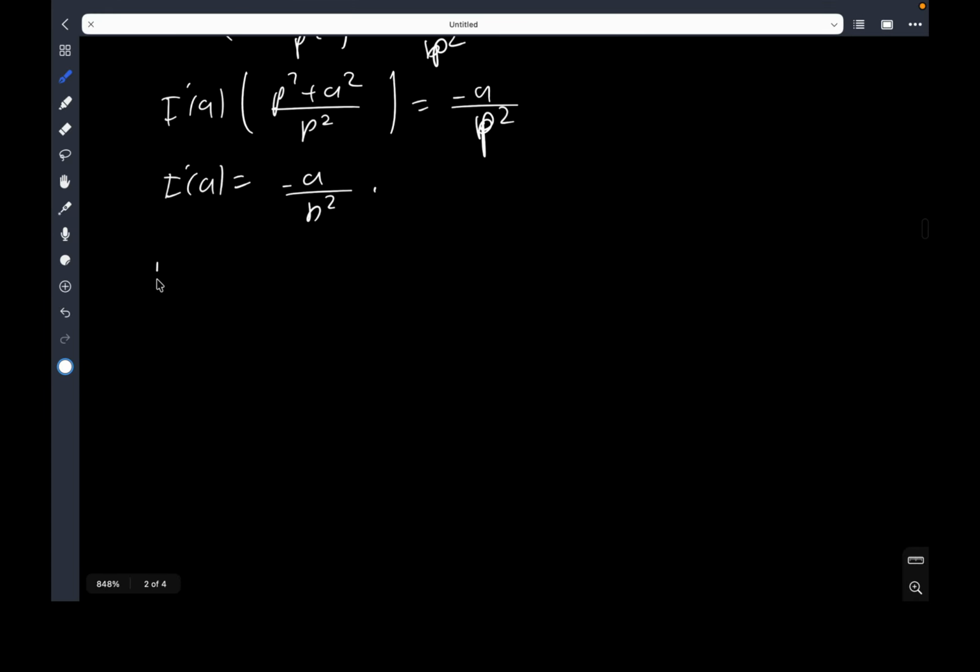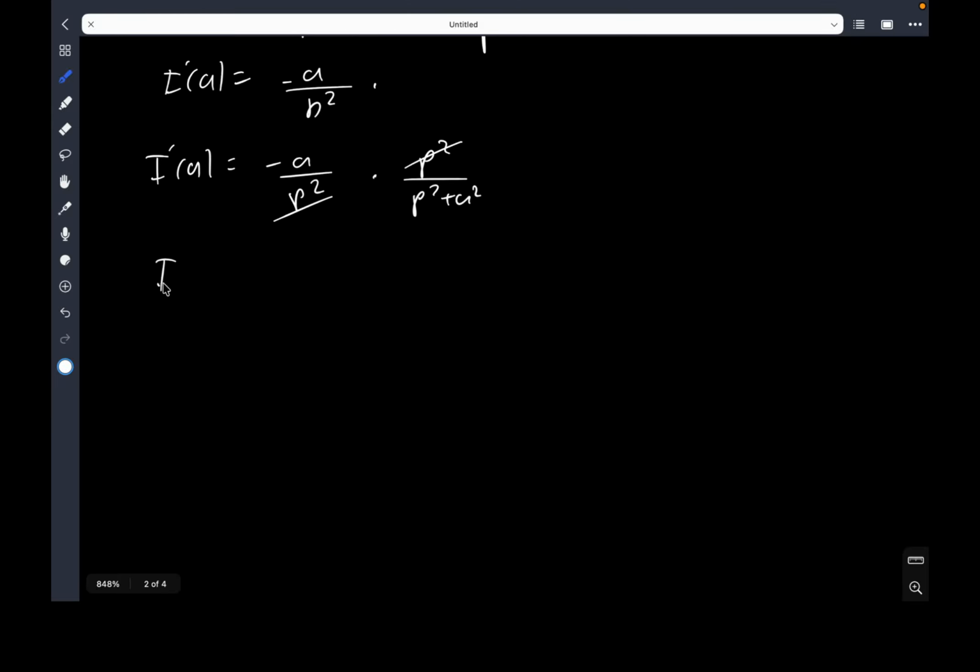The I prime of a is supposed to be negative a over p squared times p squared over p squared plus a squared. It's going to go away. I prime of a is going to be negative a over p squared plus a squared.